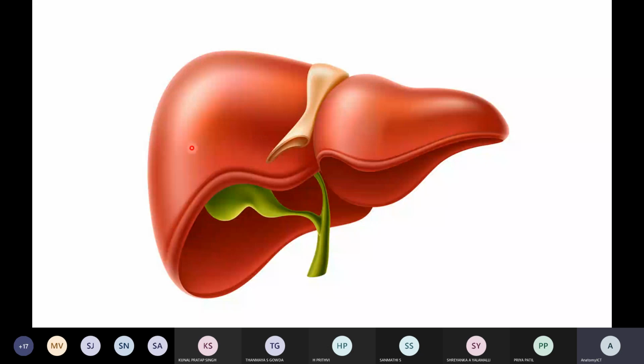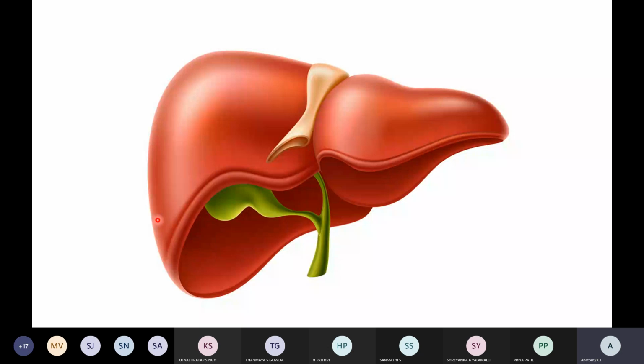So this is the anterior surface, this is the superior surface of your liver, and this is the right surface of the liver. The right surface, superior surface, and anterior surface come in relation to the diaphragm. So that is the reason we call it the diaphragmatic surface, or these are also called the superior surface, anterior surface, and right surface of the liver, right?